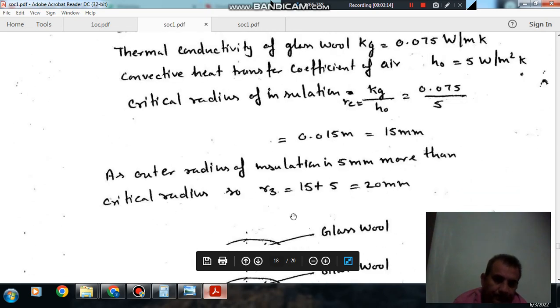And the outer radius of insulation is 5 mm more than the critical radius.